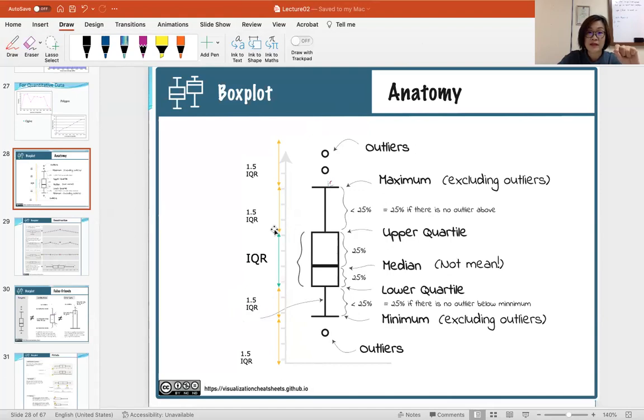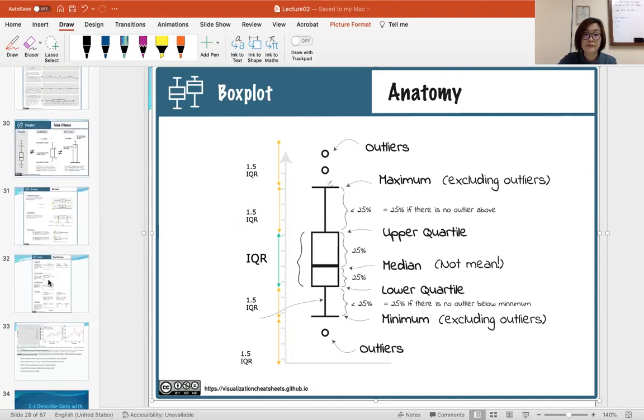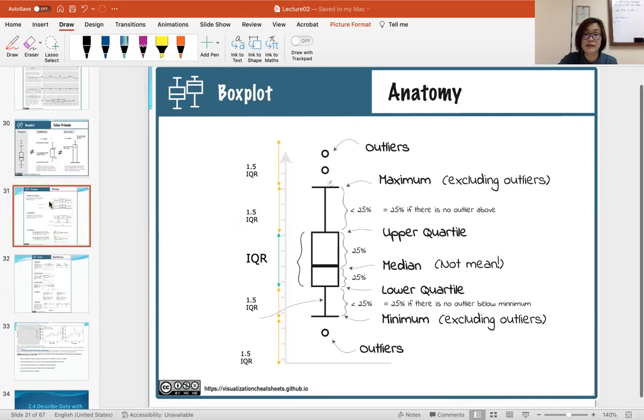Those data outside of 1.5 IQR, inter-quartile range, we consider as outlier. Are you clear now?